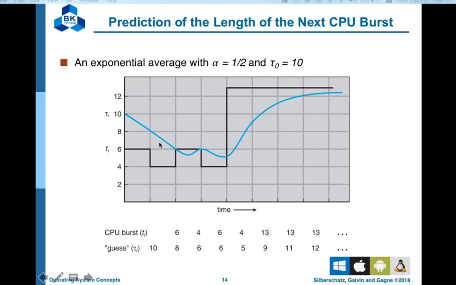But the blue curve gets close to the real one by the end of the time. If you have the predicted value here, it means that the prediction is working well.